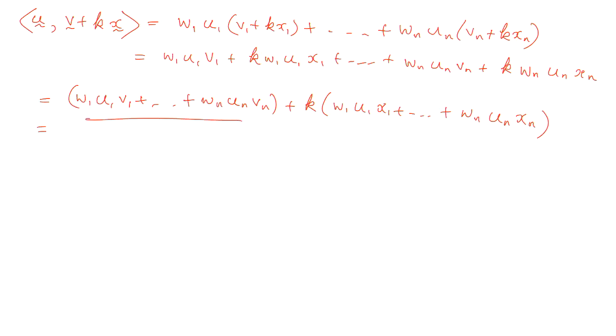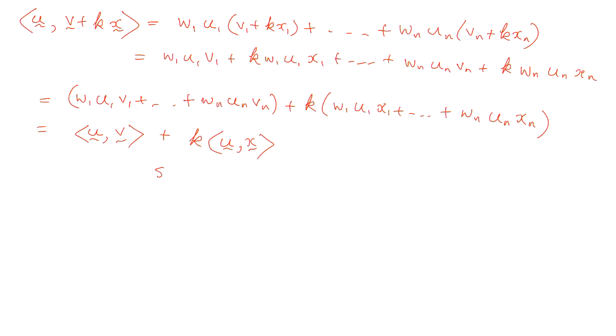Now this is precisely what? Yep. This is the inner product of u and v. And likewise, this is k times the inner product of u and x. Okay?